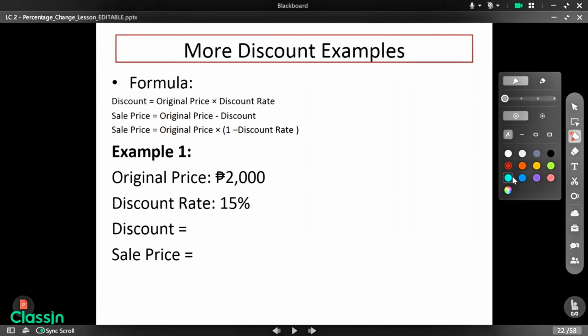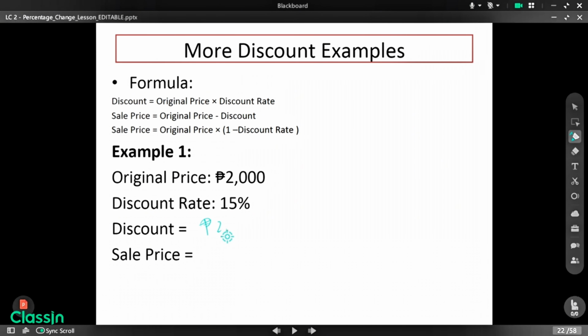For instance, the original price of an item is 2,000 pesos and the discount rate is 15%. Now, we are going to compute the discount. So it will become 2,000, and we know that 15% is 0.15 in decimal, times 0.15. 2,000 times 0.15 is equal to 300 pesos.